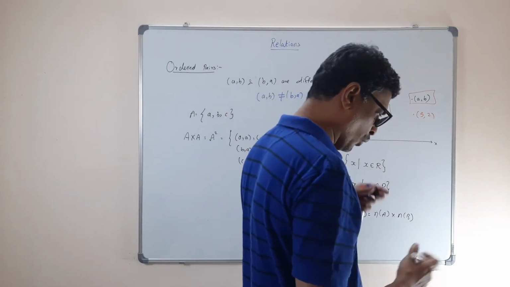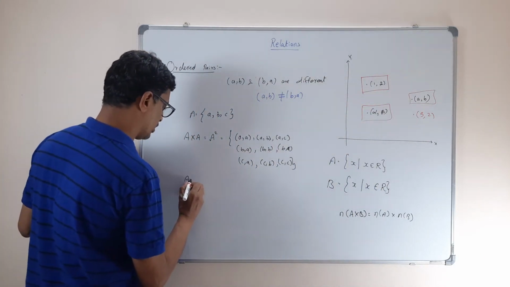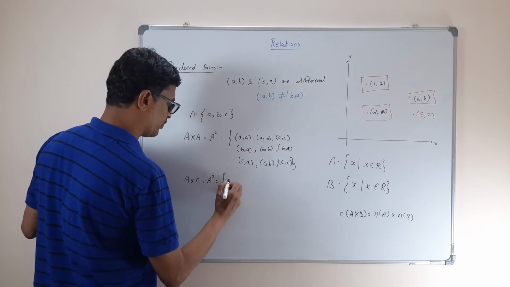How do we represent A cross A, A square, in set builder form?